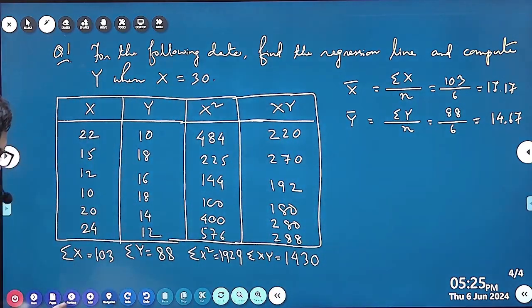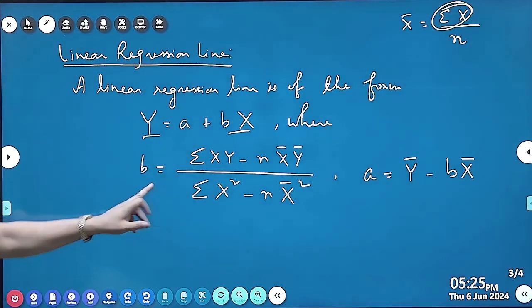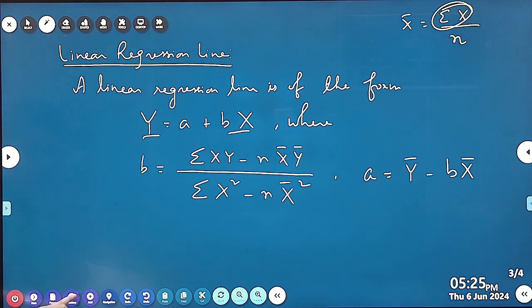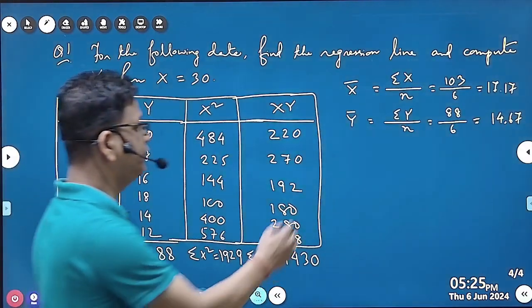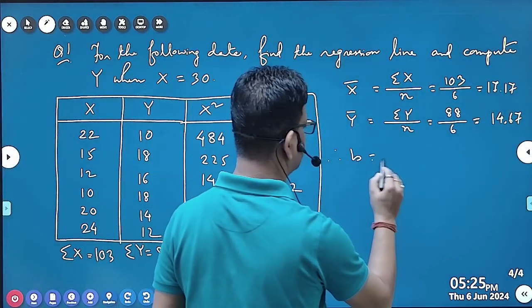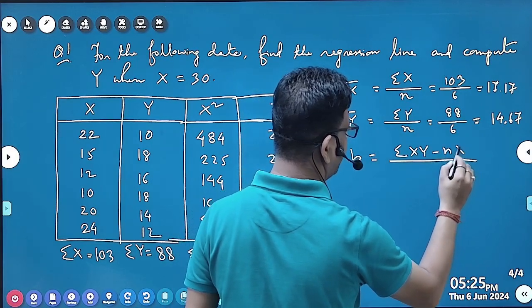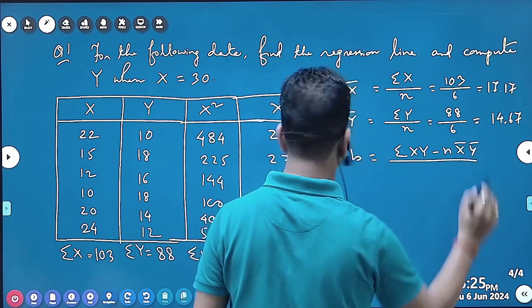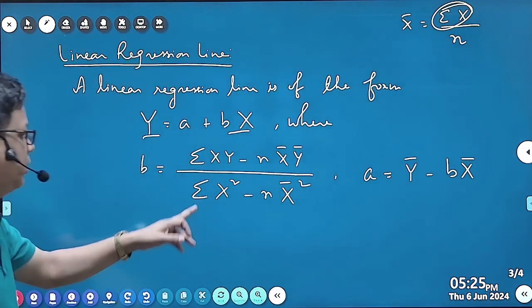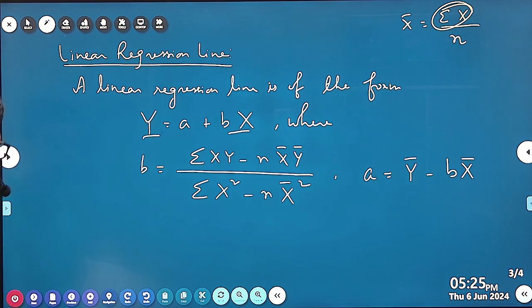Now you just have to find b. To get the regression line, b equals summation of xy minus n x bar y bar, divided by summation of x square minus n x bar square.